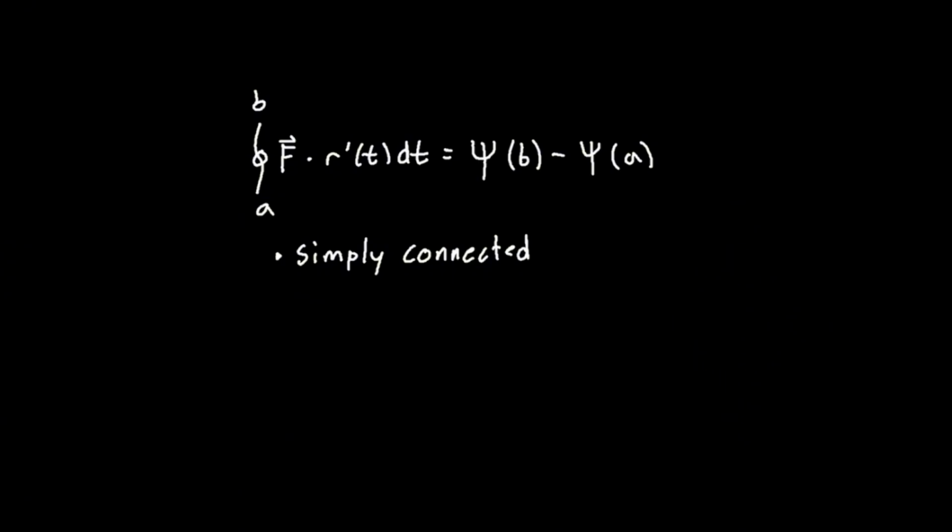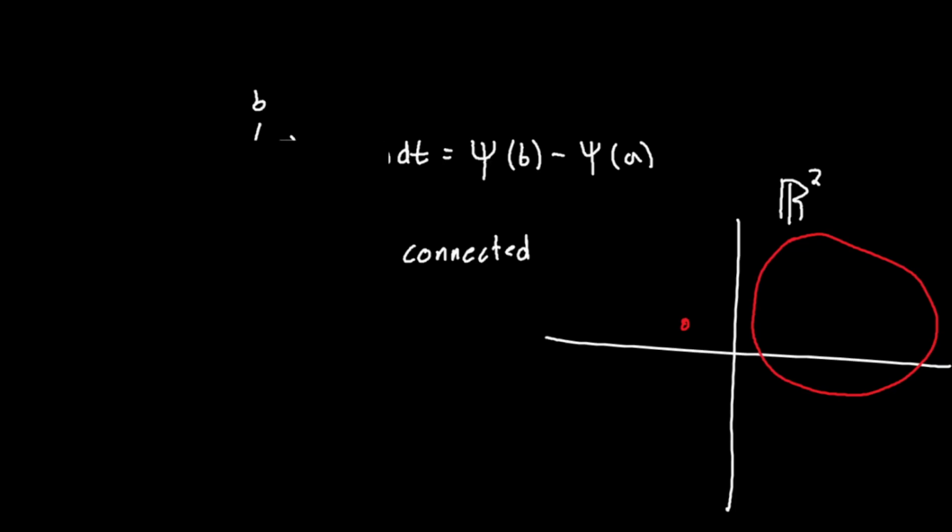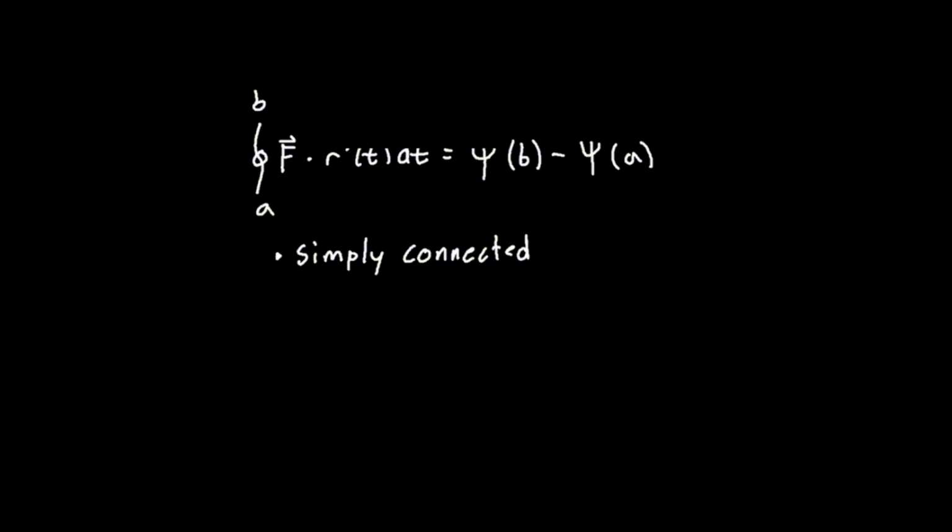But if your domain is defined on the entire R2, and you had some hole here, but your closed region was somewhere outside of this hole, then you could still apply your theorem. So simply connected just means there's no holes within your boundary.